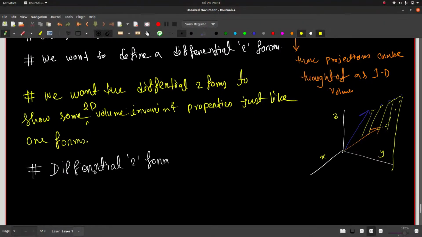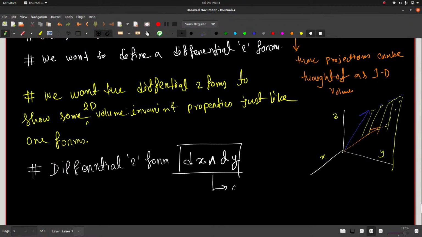So this differential 2 form is written as, let's say, dx, and there is this symbol, dy like this, and this symbol represents a wedge product. So this is a wedge product of one forms.